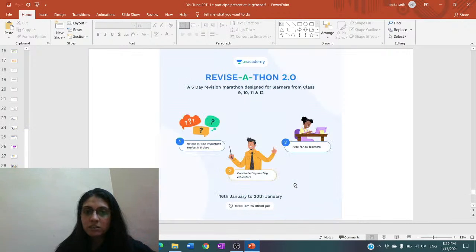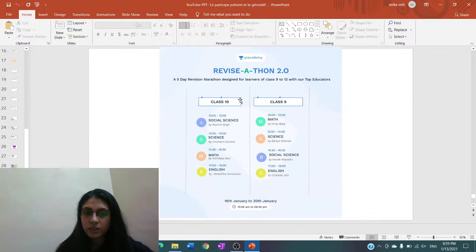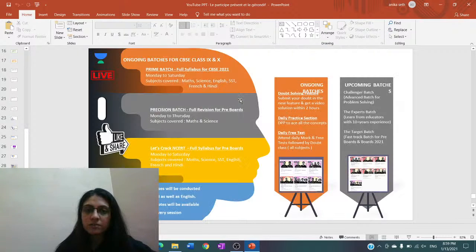Revise all topics in 5 days, conducted by leading educators and free for all learners. So a great chance to brush up your concepts of whatever the important things and questions are. This is for class 9 to 12, 16 to 20th January. You can see the schedule over here for social science, science, maths, English. So all these sessions are designed to pace up your revision.